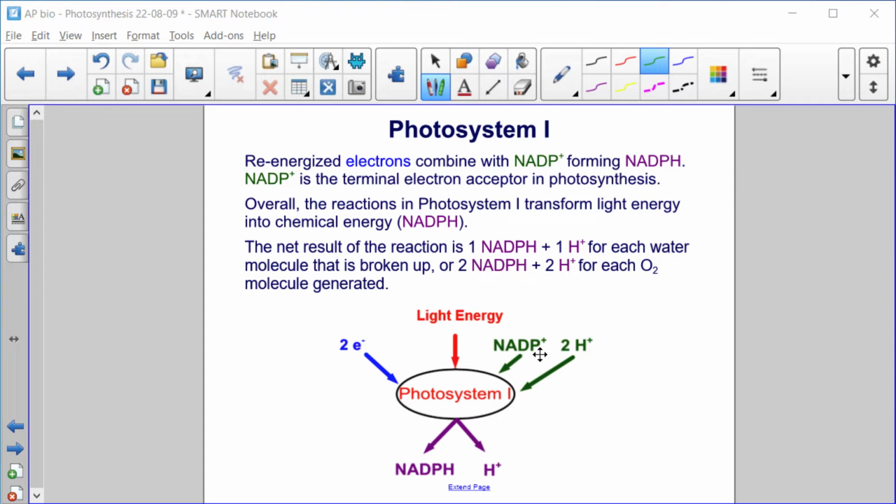Overall, the reactions in photosystem 1 transform light energy into chemical energy, NADPH. The net result of the reaction is one NADPH and one proton for each water molecule that is broken up. So remember that this comes from the water molecule, where we split the water into 2H plus and half O2.